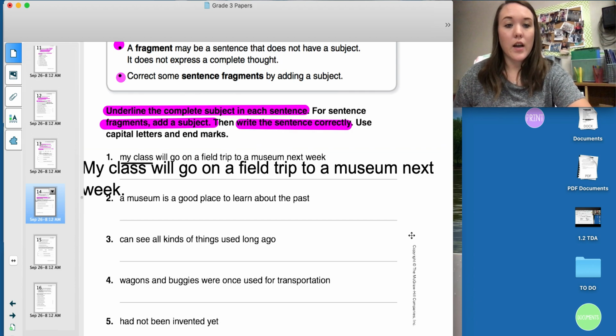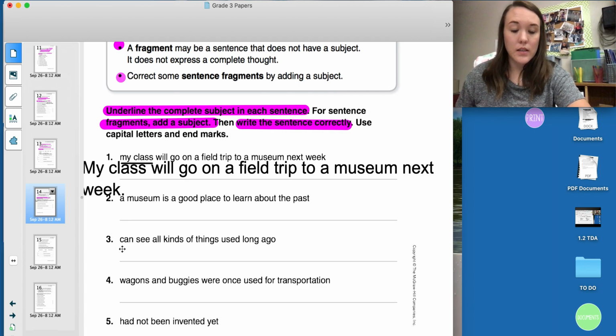Let's also take a look at number 3. Number 3 says, can see all kinds of things used long ago. I need to add a subject to this sentence because it is missing a subject, making it a fragment. So, I need to add a subject that makes sense in this sentence. It says, can see all kinds of things used long ago.